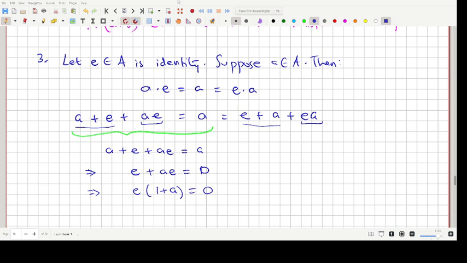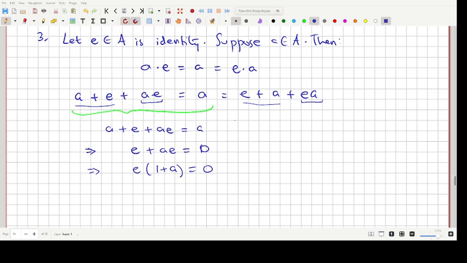Okay, so now what we do is that we see, the thing is that a can be an arbitrary number. So here we have got a product, right? So e is an element and 1 plus a is another element, right? So we have got a product over here. Now a can be any element, right? A can be any arbitrary element.